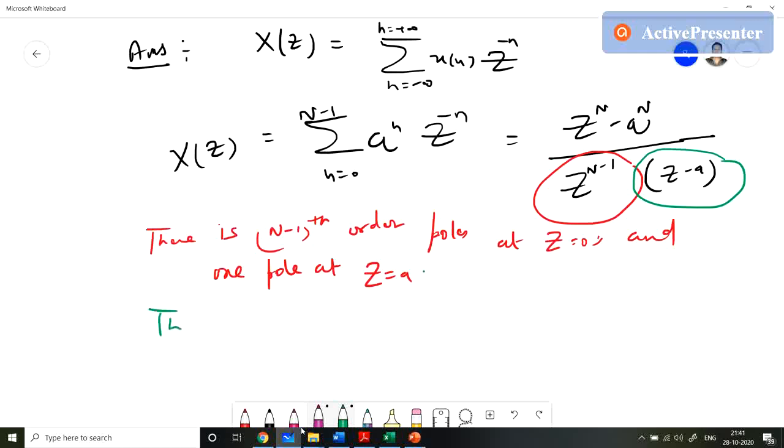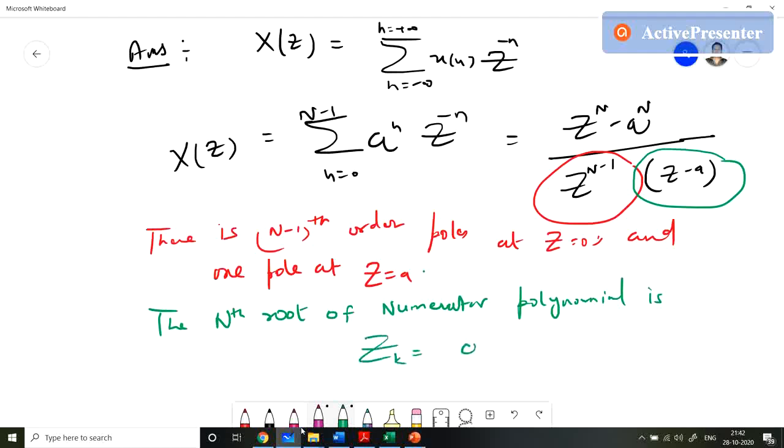So the Nth roots of the numerator polynomial are z_k equals a e raised to the power j 2 pi k divided by capital N, where k is from 0, 1, 2 up to capital N minus 1.